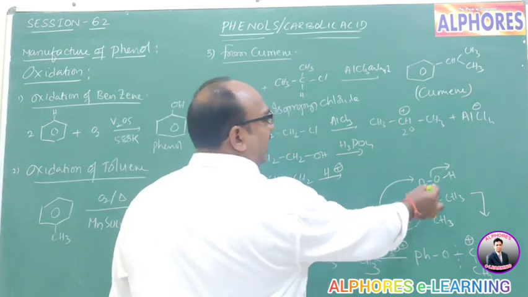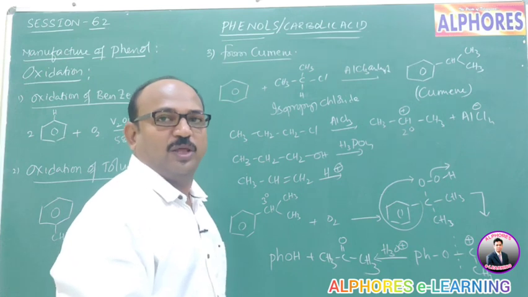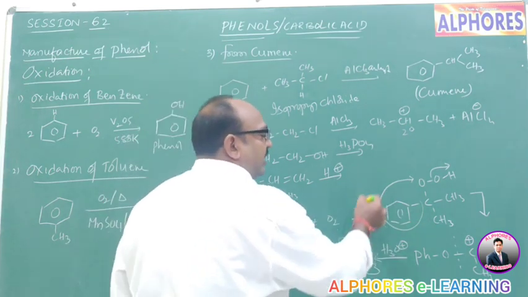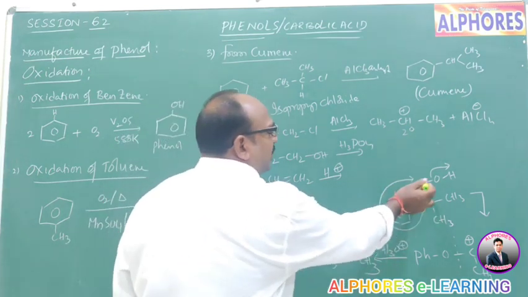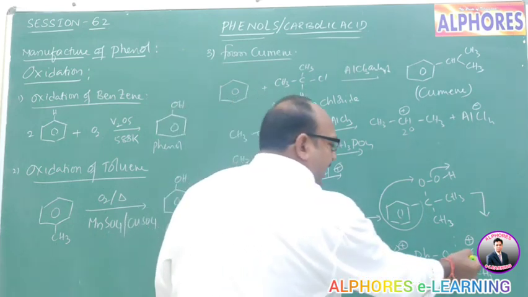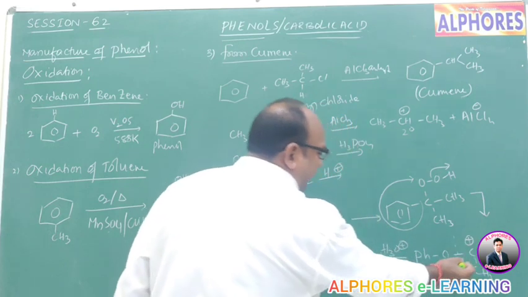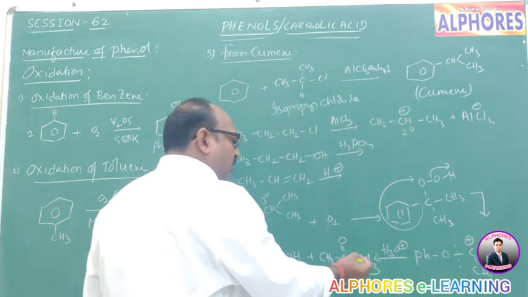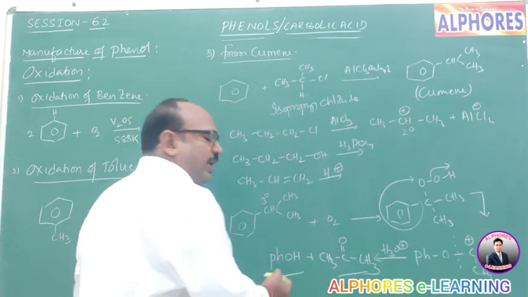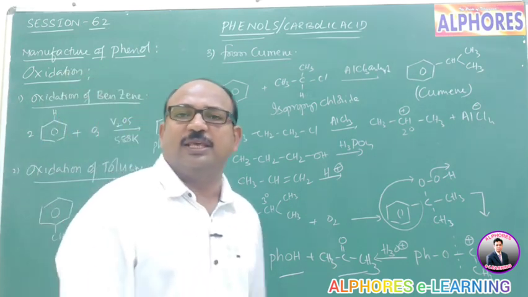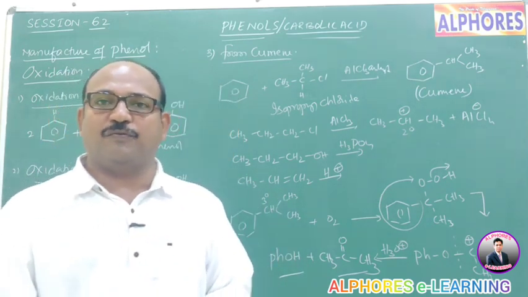After its formation, OH minus leaves, phenyl migration takes place from carbon to oxygen, and we get a positively charged carbon. A water molecule attacks this, giving one more OH, and this bond leaves. Ultimately we get the ketone, acetone, and phenol. These are methods of preparation of phenol.